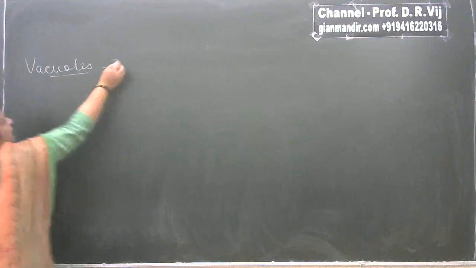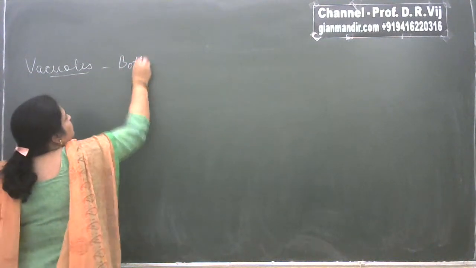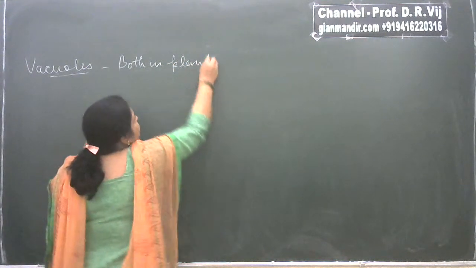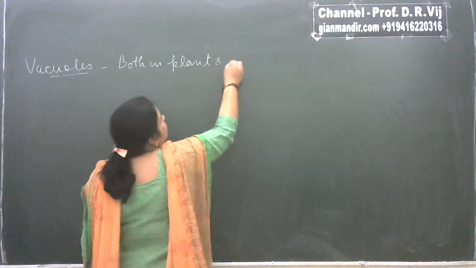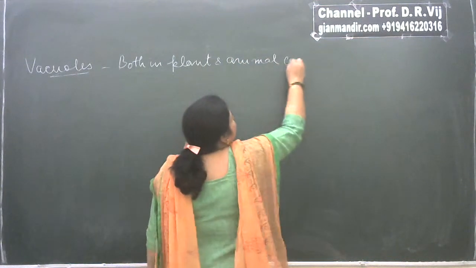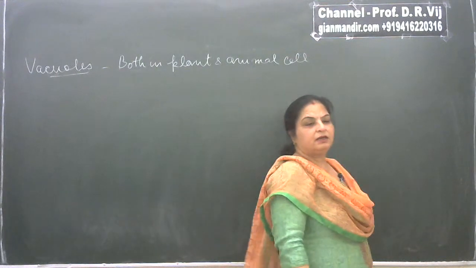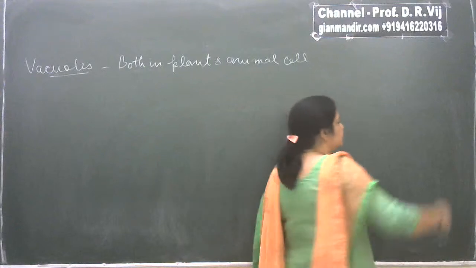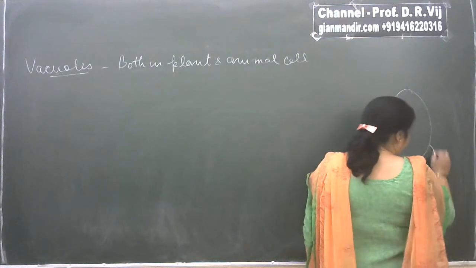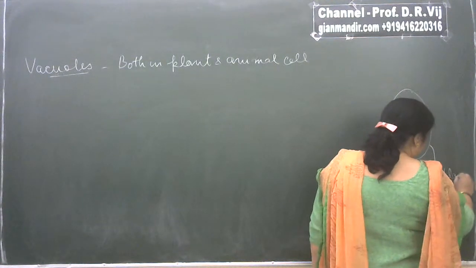The first important thing is that they occur both in plant and animal cells, and they are big, you can say, bag-like, sac-like structures which are surrounded by a membrane, and that membrane surrounding the vacuole is known as tonoplast.